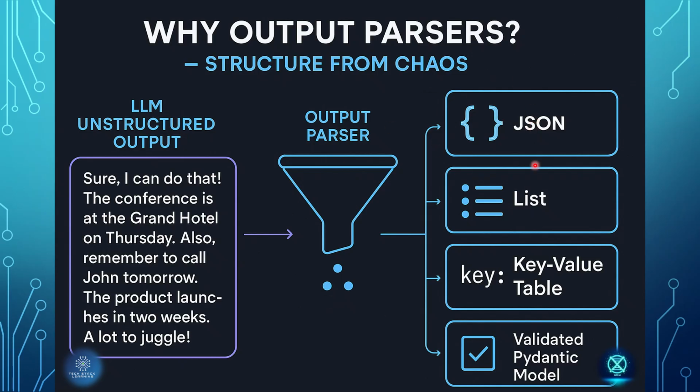It could be JSON, a list, a key-value pair, or a validated Pydantic model. The output parser bridges the gap between these two, converting the unstructured output into a structured response. They format the LLM outputs into data that is easy to consume. That is why we need the output parser.